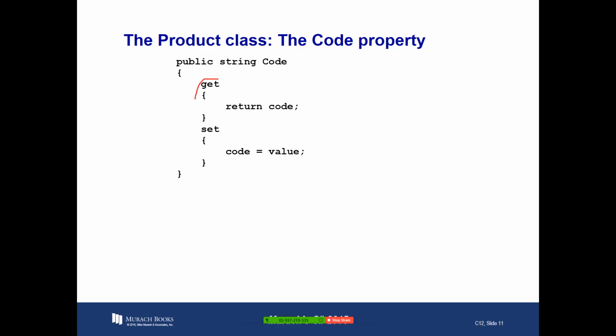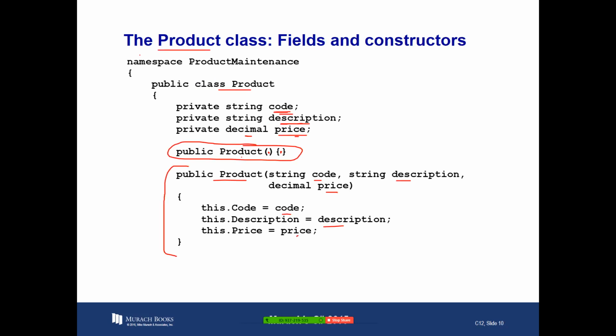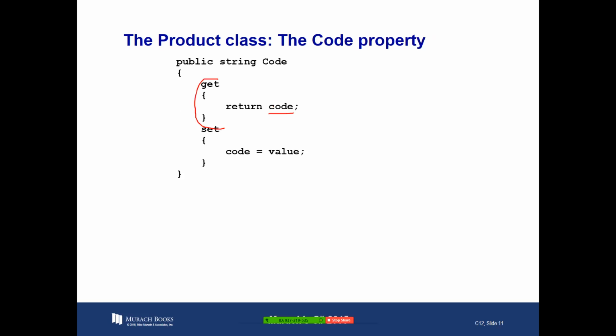This is what allows you to do it. Get will return the code, whatever the value is defined up here. And set will allow you to set the code to a new value.